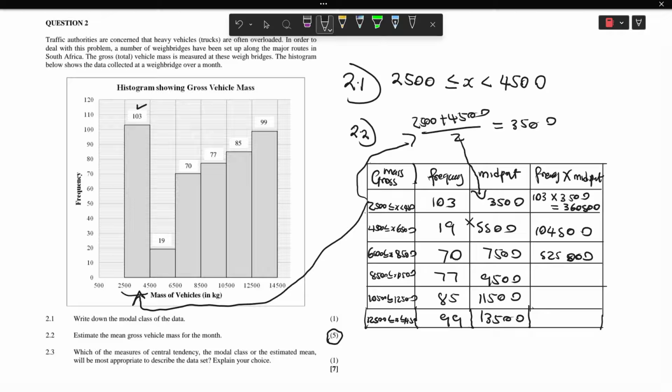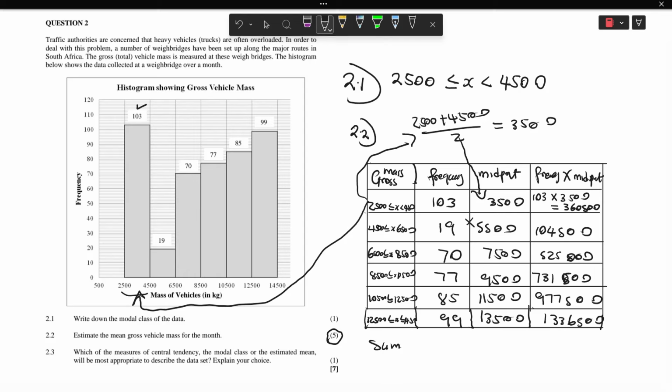And then the next one, 731,500, and then the next one, 977,500. The last one, 133,500.